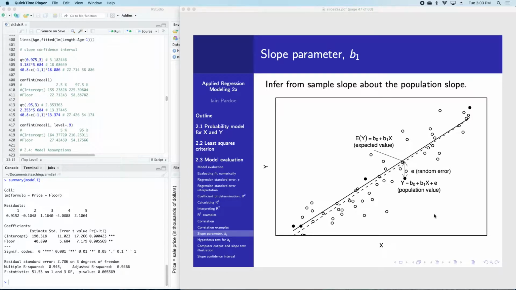So the question is, what does that sample regression line tell me about the population regression line? I know what the sample regression line is. I can calculate its intercept and its slope, and I can plot it on a graph. But what I'm really interested in is, what does that tell me about the hypothetical population regression line?